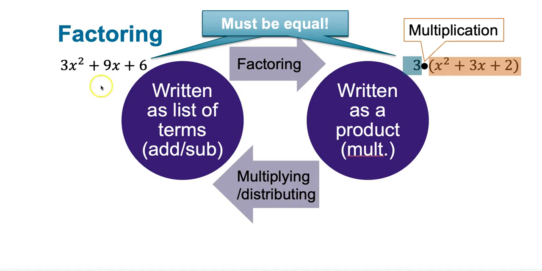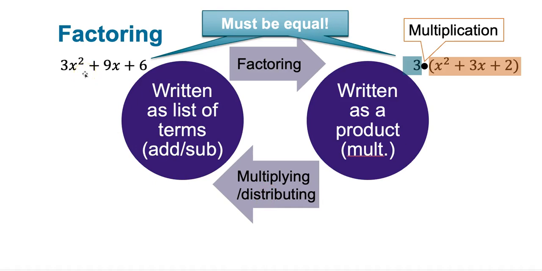The process of factoring means taking an expression that's written in this format as a list of addition or subtraction and rewrite it into this format, a product of two expressions. But you can always check your factorization, and you always should check to make sure you did not make a mistake, by taking the factored form, multiplying or using the distributive property, and it should take you back to the unfactored form.